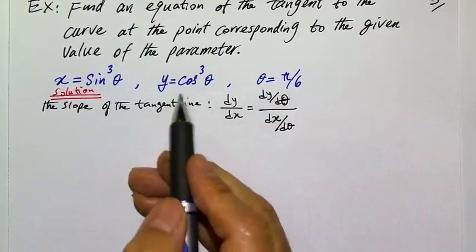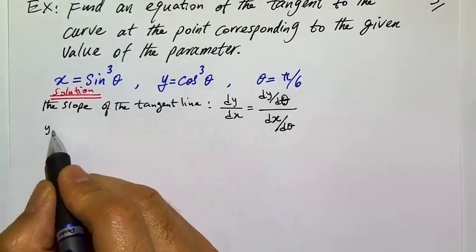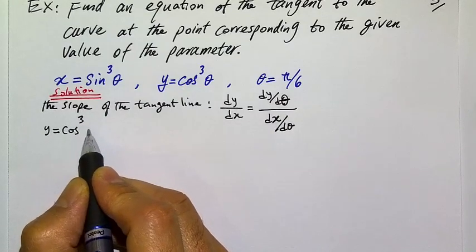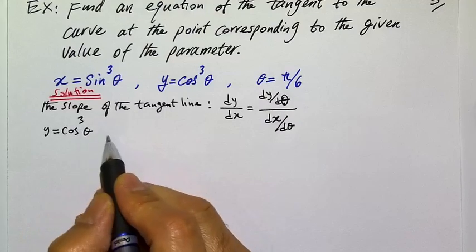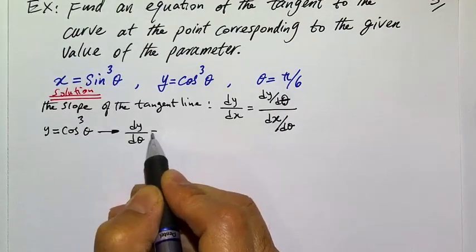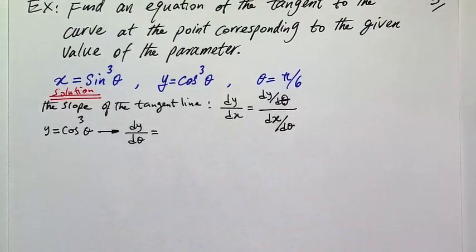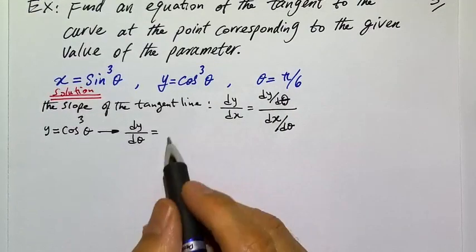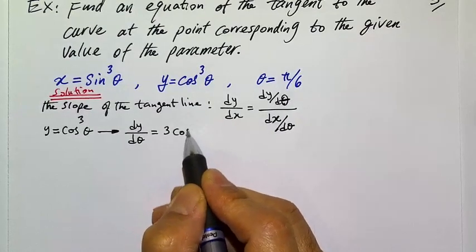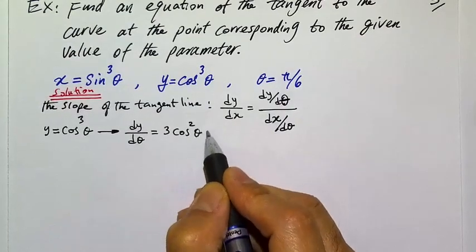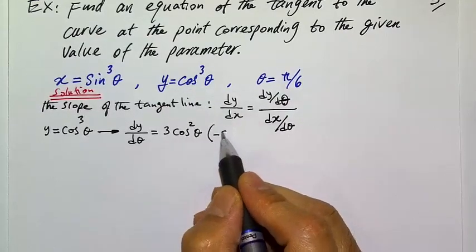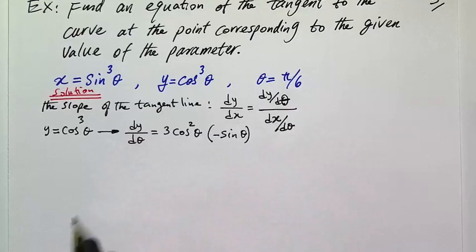So given y equals cosine cubed theta, the derivative, or dy/d theta, the numerator of this expression, would be 3 times cosine squared theta times, of course, by the chain rule, minus sine of theta.